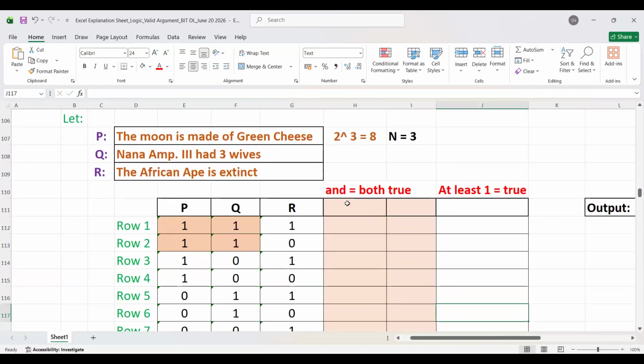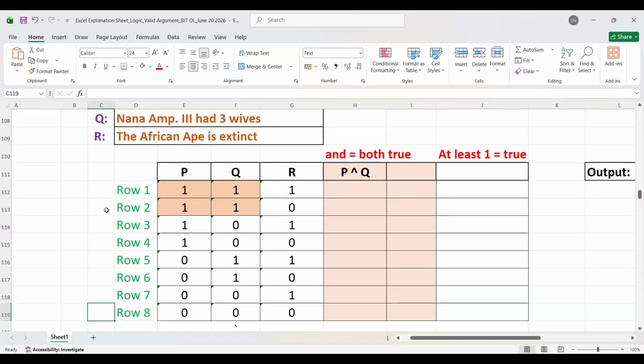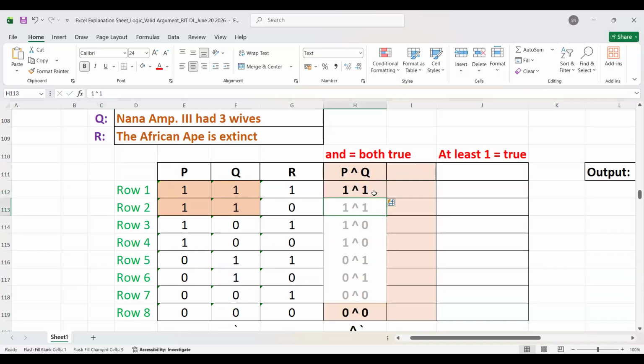So we come here, we are going to have the letters P and Q. Now, what's the rule for and? I'm sure some of you may have forgotten by now. It means both must be true. So where do we have both of them being true? Row 1 and row 2.